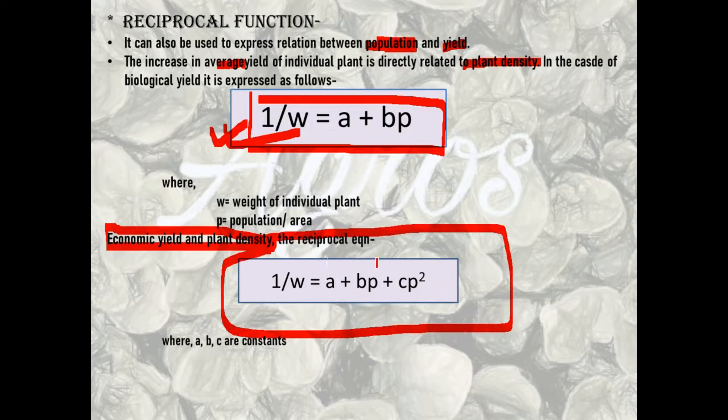You can see this is similar to the quadratic equation we used in the parabolic response. The difference is that we were taking Y over there, which was our yield, but here we have taken 1/W.